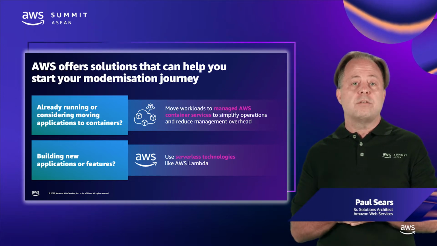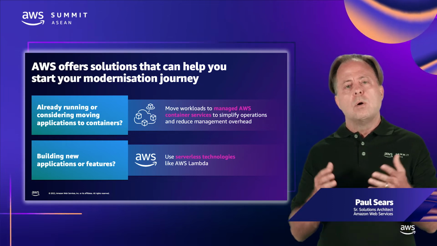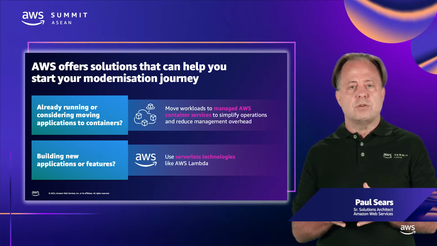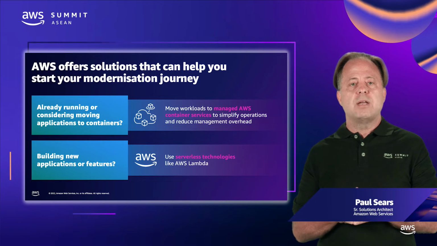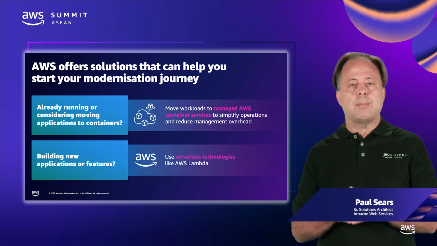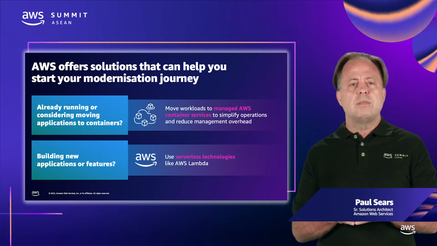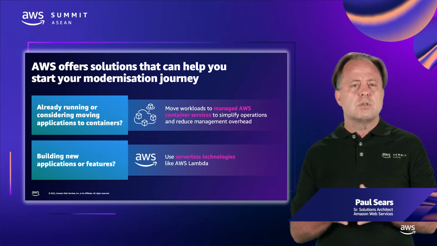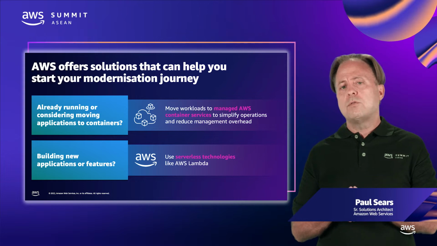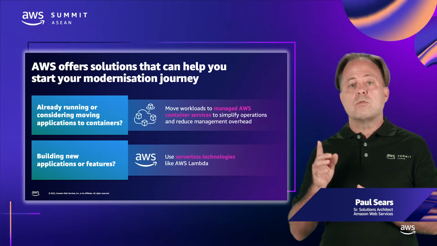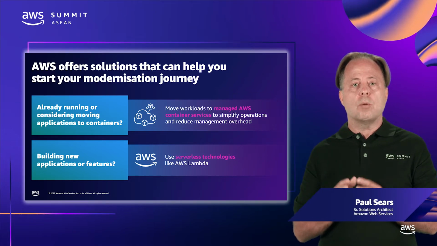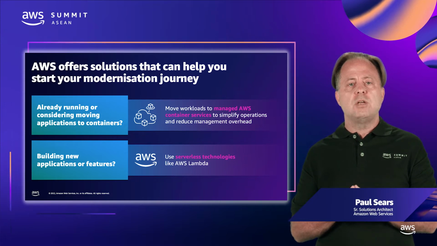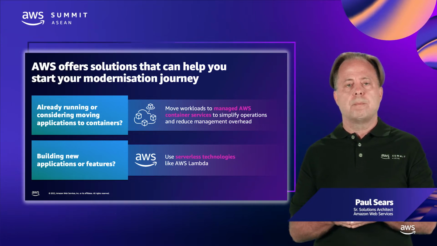Or maybe you are designing a new application stack, or building in a new set of features. Or maybe you are finally breaking down that legacy monolithic application stack. We recommend that you consider serverless technologies, such as AWS Lambda, which is a serverless event-driven compute service that lets you run code for virtually any kind of application or backend service without provisioning or managing servers.